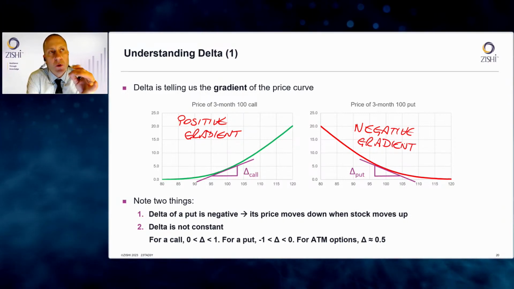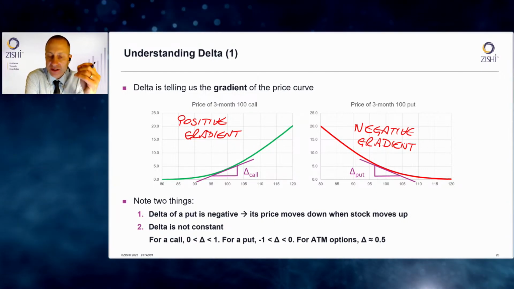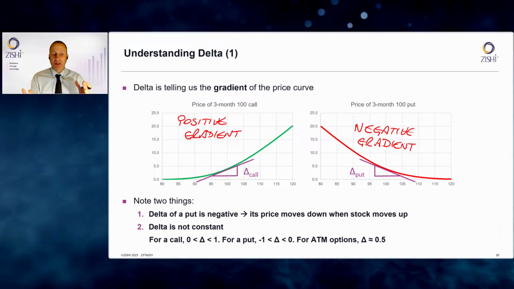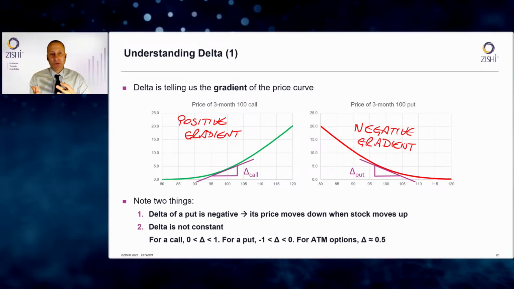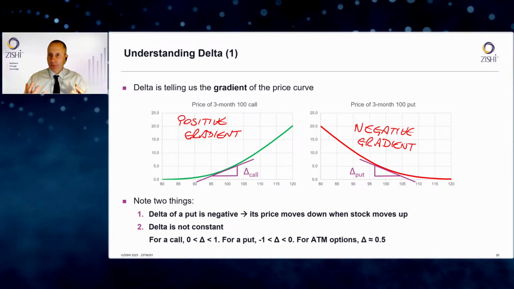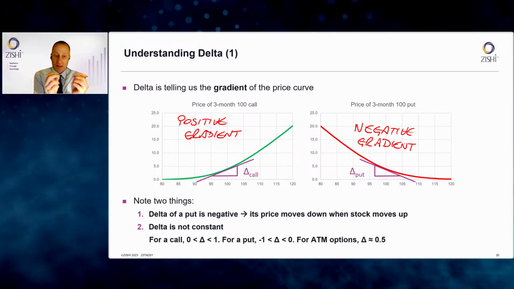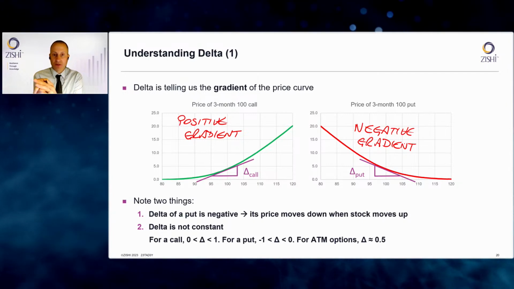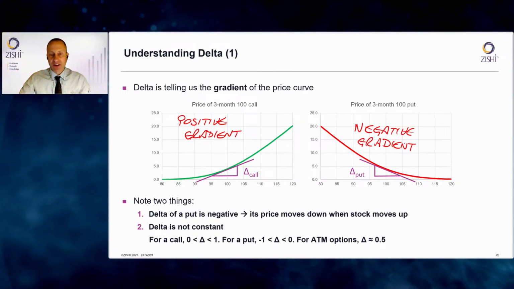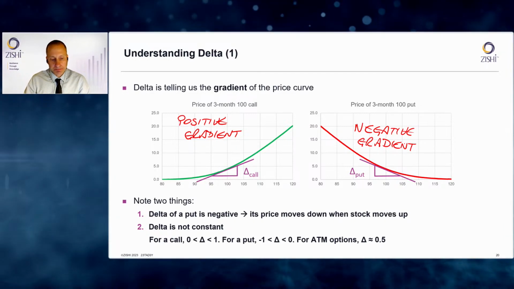Now, sometimes when you see options trading in the market, the minus sign on a put may get dropped, and that's simply because everybody knows it's there, so we don't need to write it down, or we don't need to say it out loud. So somebody might say, I'm trading a put option with a delta of 0.4. What they mean is, mathematically, it means negative 0.4, but we're just saying 0.4 out loud because we hope that the person on the other side of our conversation understands that puts have a negative delta.